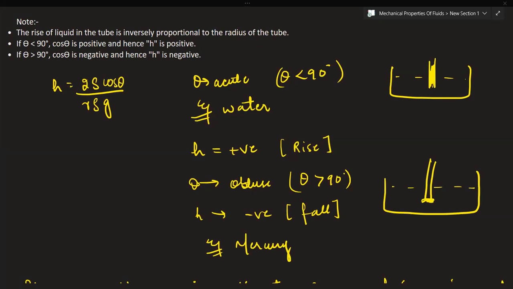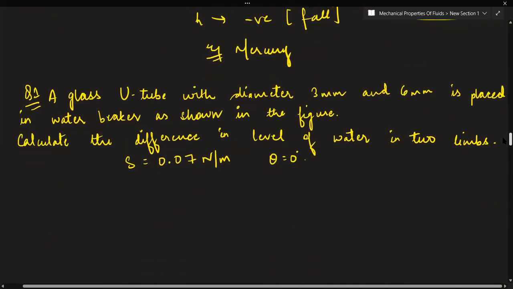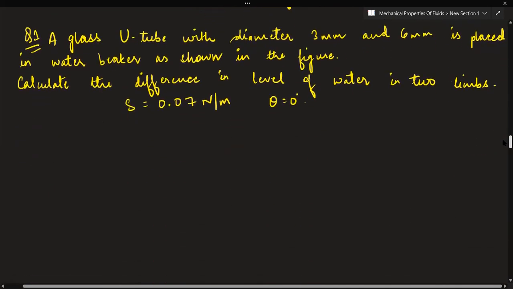Okay, just try a numerical based on this formula only, just ascent of sap. I'll draw the figure. Just note this down and try to find out the difference in level of water.